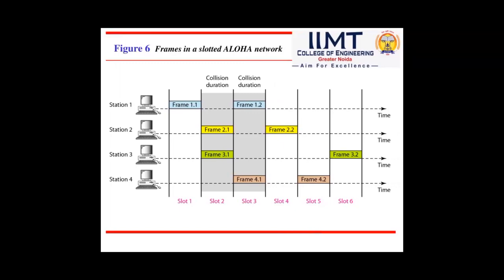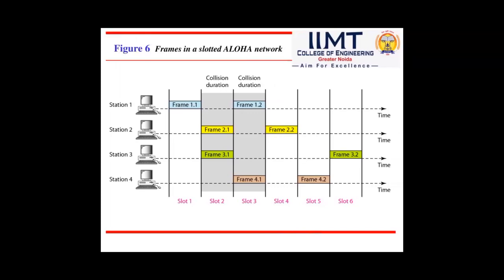Again we have the case of 4 stations and each station wants to send 2 frames. The total number of frames is 8, and out of 8 frames 4 get lost due to collision. The other 4 frames get delivered successfully.